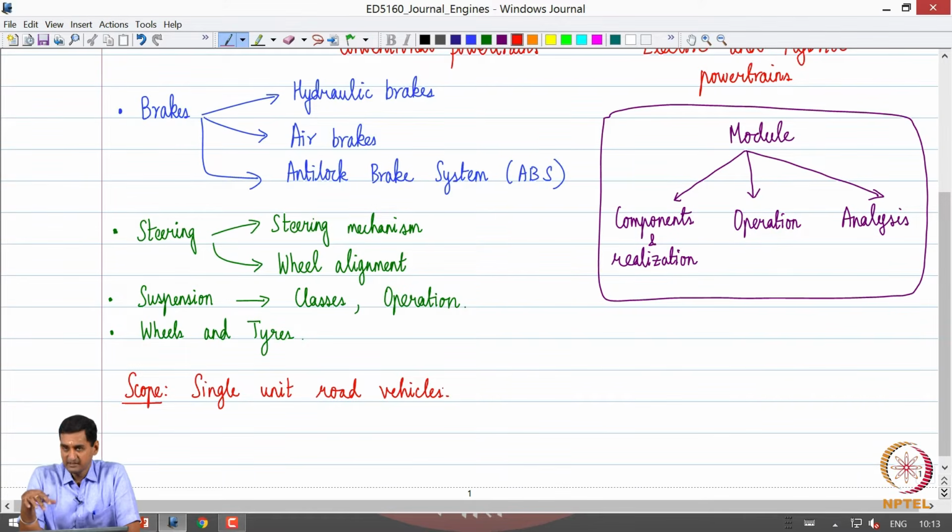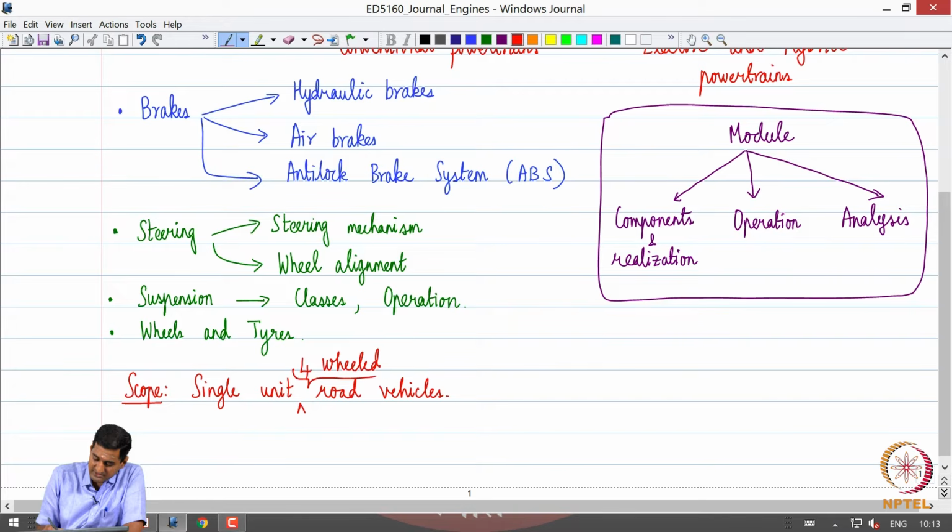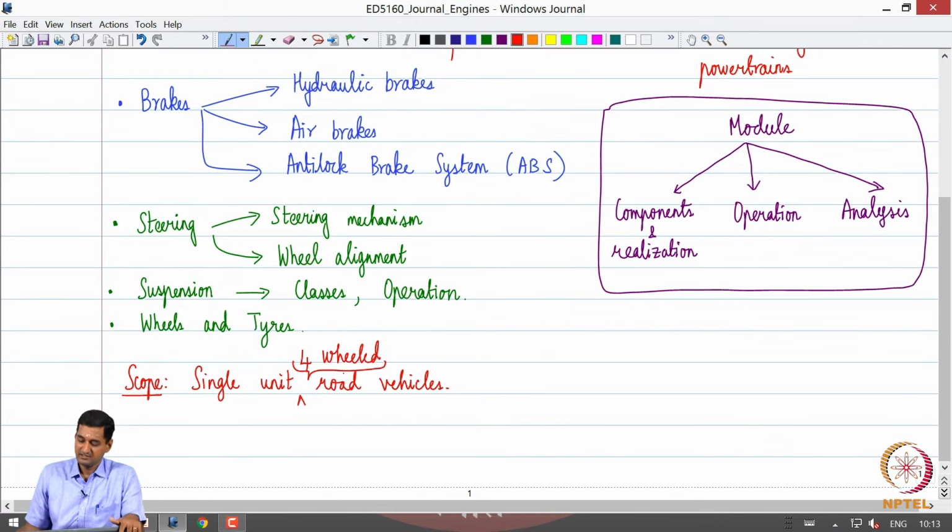So, on-road vehicles, and what is meant by single unit is that it is like a typical passenger car or a truck or a bus, right. So, there is no articulation, like in a tractor trailer combination. So, we are going to look at single unit vehicles, and of course, by and large we are going to look at single unit four wheeled road vehicles. Okay. So, just to narrow down the scope further. So, that is going to be the scope of our course.